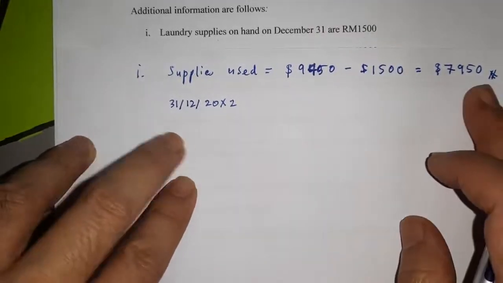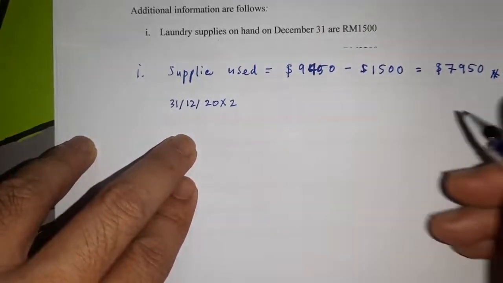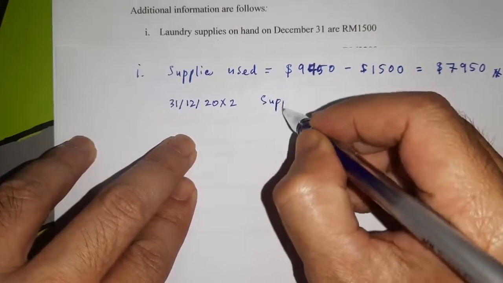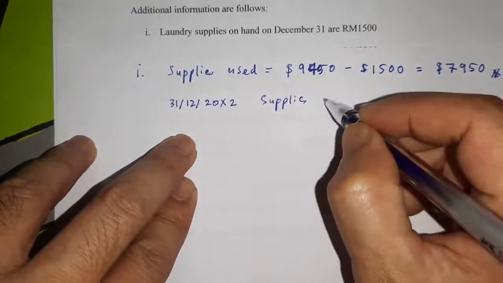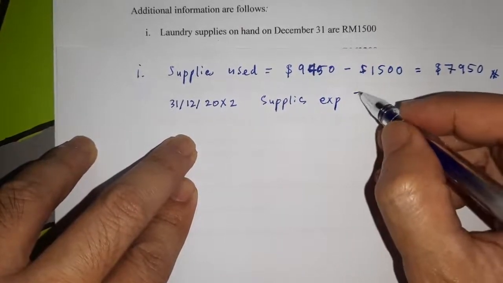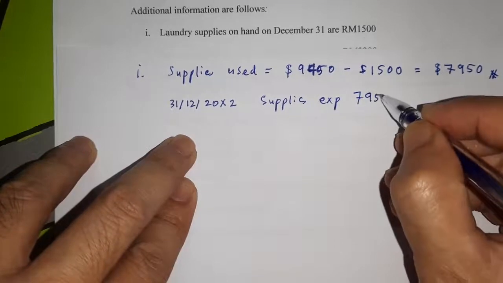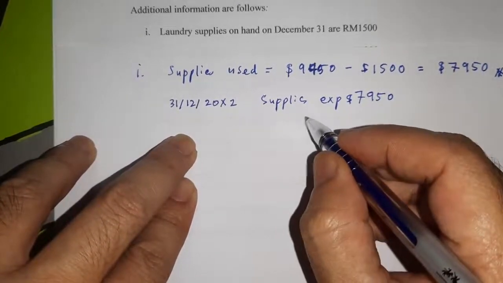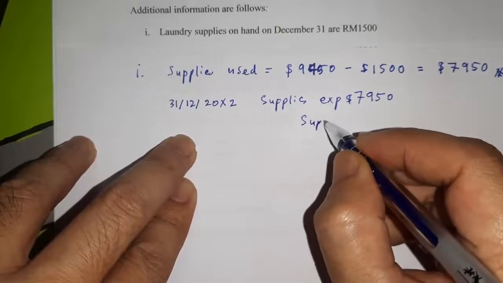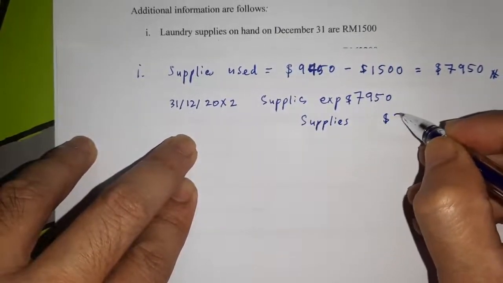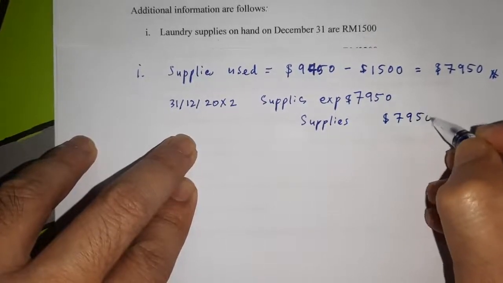You record the supplies expense increase, so you debit account supplies expense, the amount is 7,950, and credit account supplies 7,950.